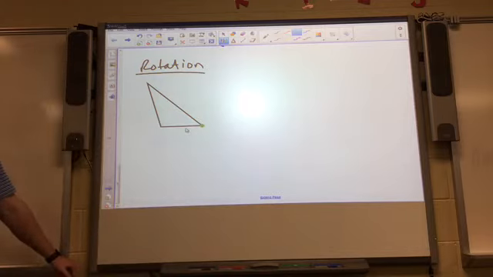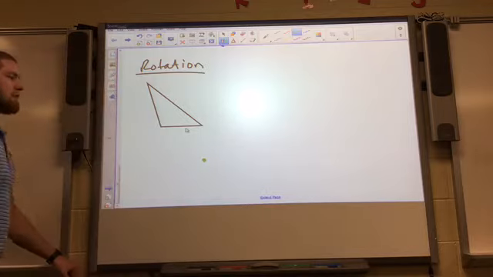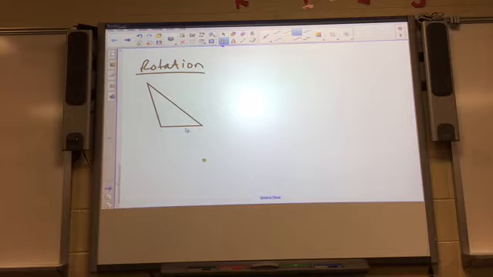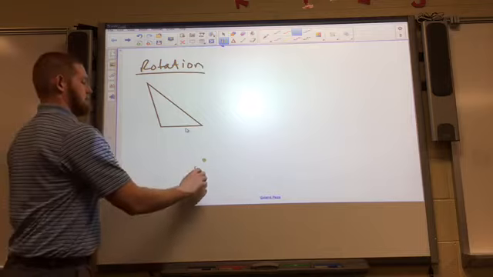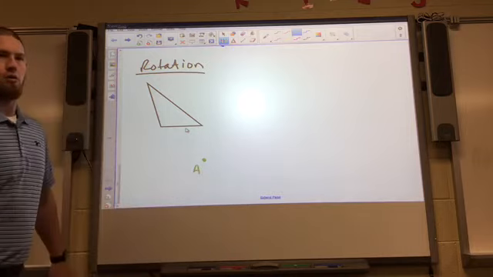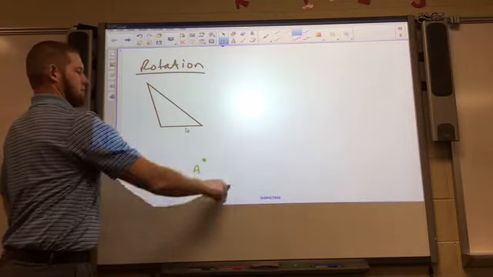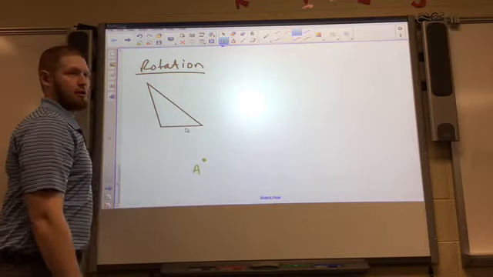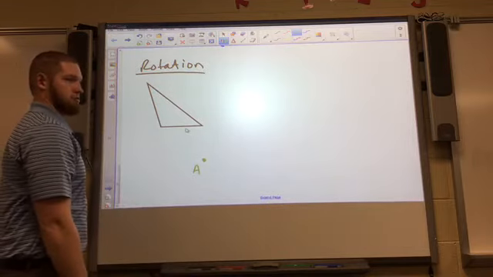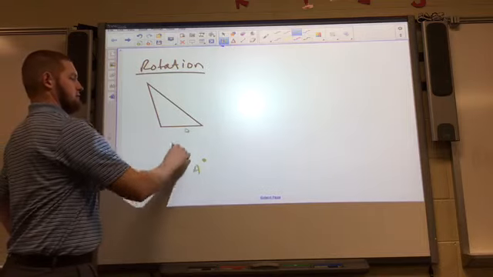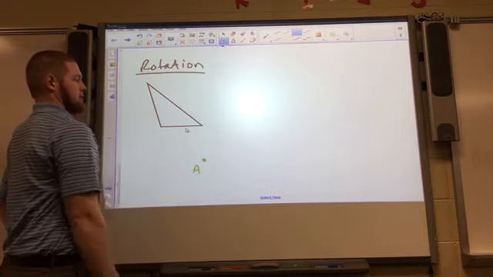I'm going to make it a little bit harder. I'm going to do this point down here. Okay, I want to rotate it 90 degrees clockwise about point A. Which way is clockwise? This way, right? Like you guys would think of maybe tightening bolts or screws. Righty-tighty. Okay, that's clockwise.